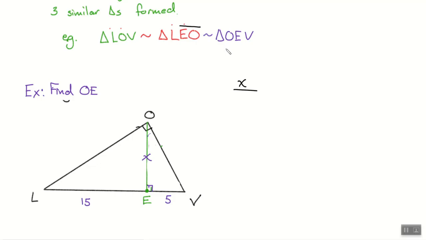Be very, very careful. Our similarity statement is in a very particular order. This is the second and third, so it must correspond with the second and third. What does it match up with? EV. I know it's weird that we make that change, but that's our similarity statement and why we are so crazy about it.